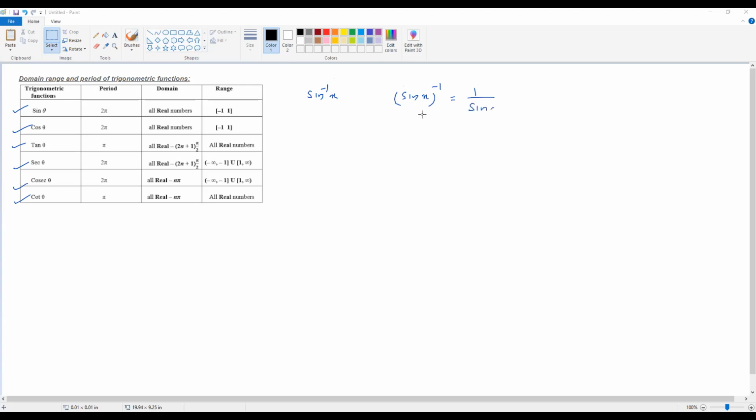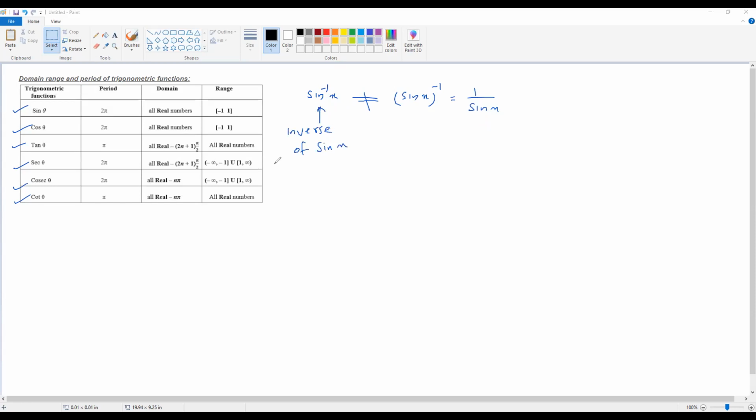These two are not equal. Sine inverse x is the symbol for the inverse of sine x.